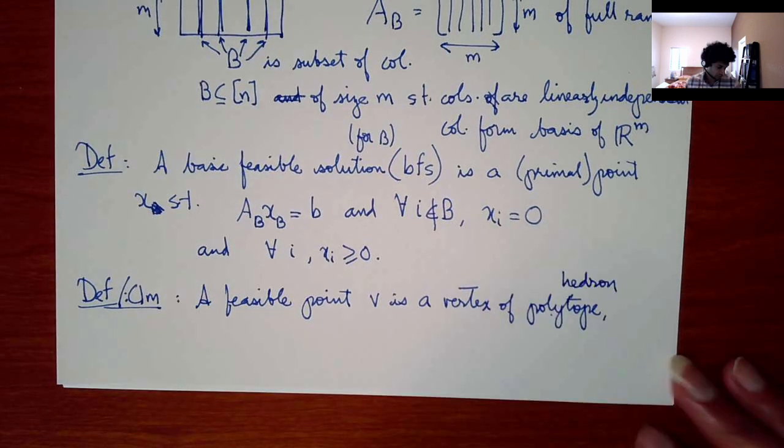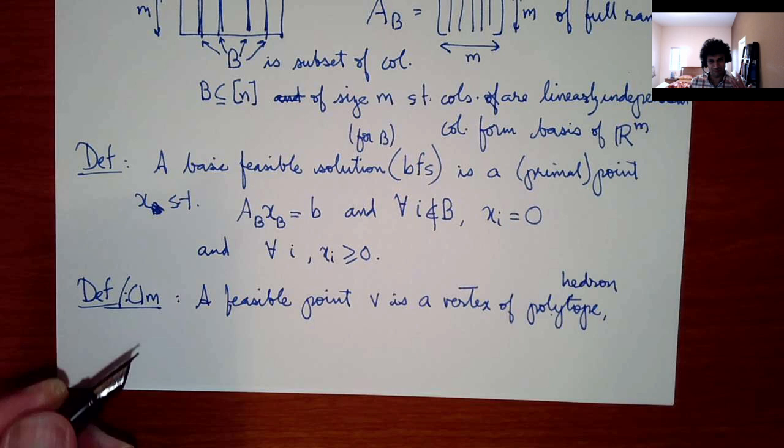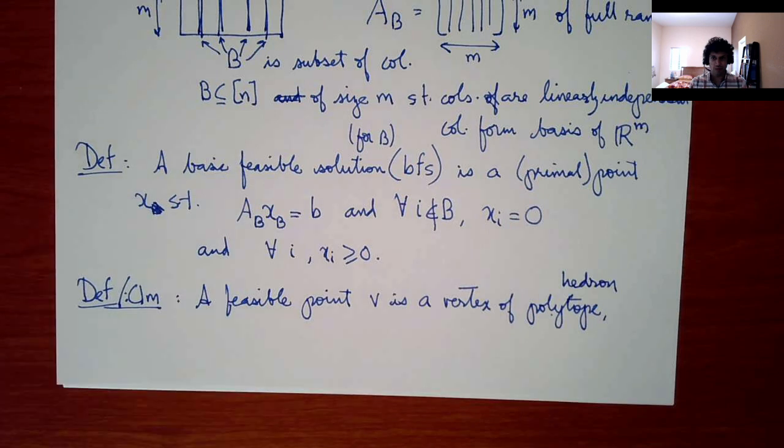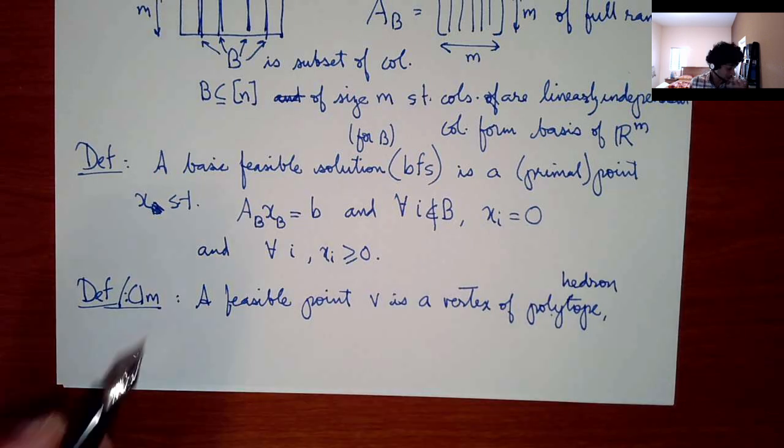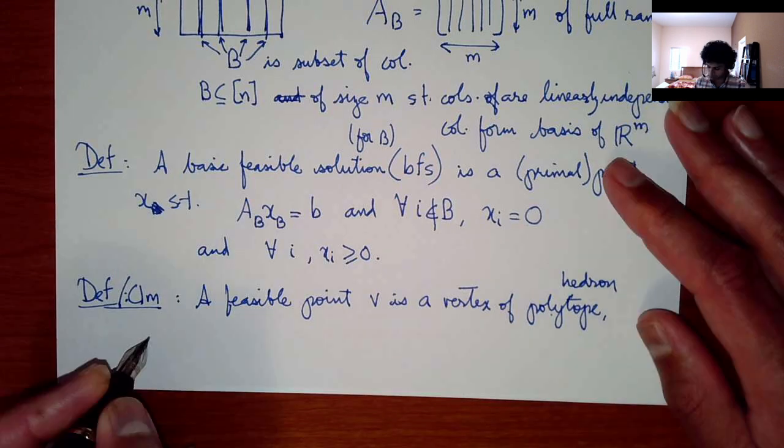If and only if, you can think of this as a definition, or you can think of defining a vertex as basically a face of dimension 0 and then trying to prove this claim. It depends on how you want to look at it, but let me write this as a definition.